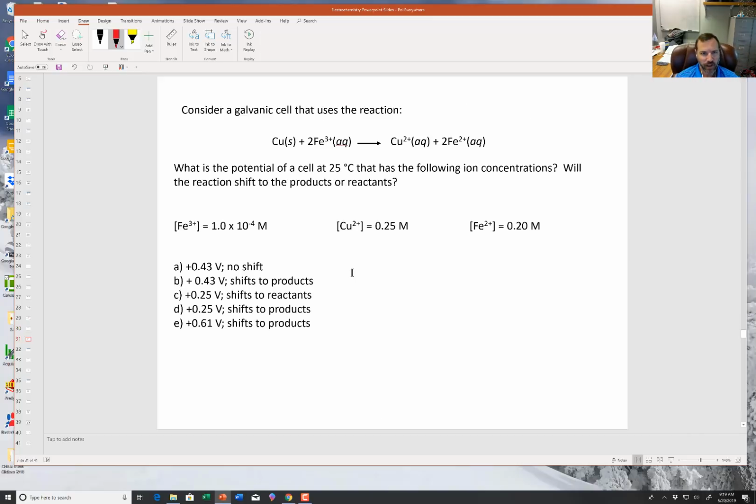And let's just do an example where we are now using a cell. So here we have a galvanic cell, a copper 2 iron 3 cell, and we're undergoing a change between iron 2 and iron 3, and copper 0 and copper 2.